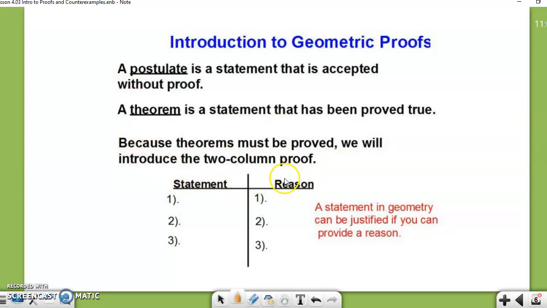So now this is the way we set up our two-column proofs. You write a statement, and then you have to tell me why you are allowed to make that statement. It's almost like court. So you make a statement, and then your reason is why you are allowed to make that statement.